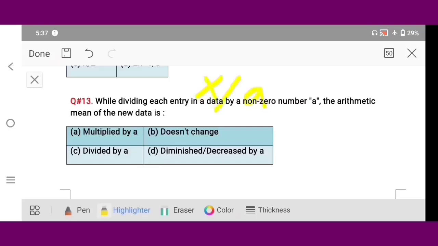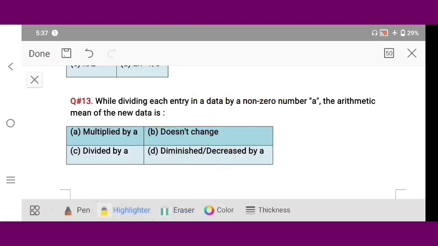So the value of the x column will be divided by A, so as a result, the mean will also be divided by A. These are the properties of arithmetic mean.